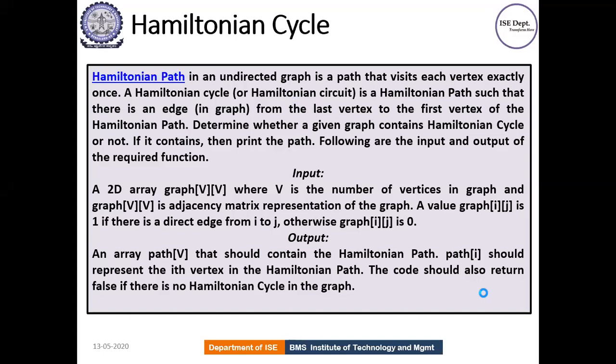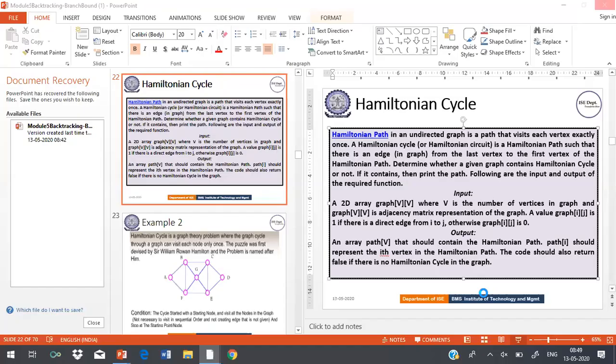So now we'll see the various conditions, or what you can call the constraints, of the Hamiltonian path. I'll show you with some examples. So let me just take one example graph and then show you how it will work.